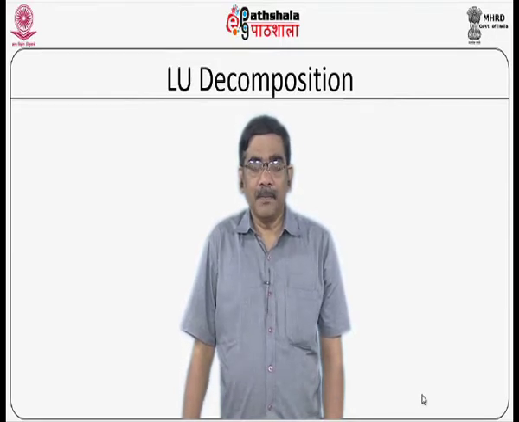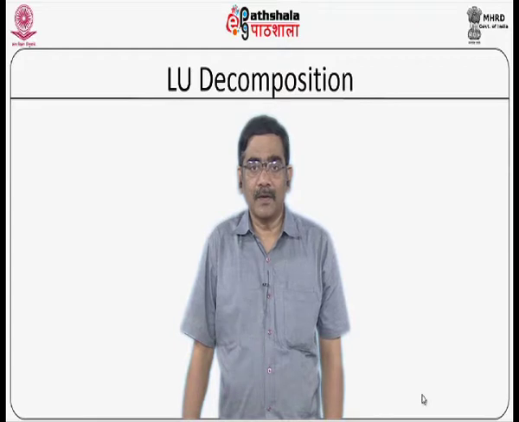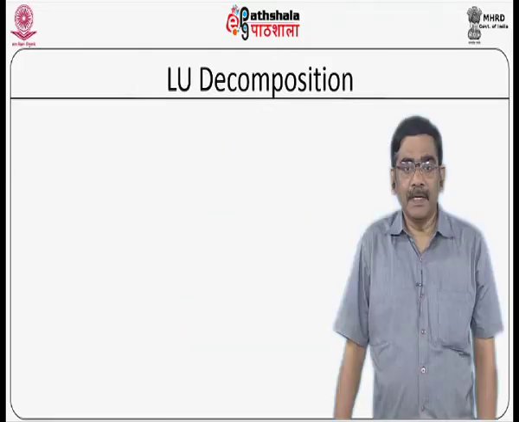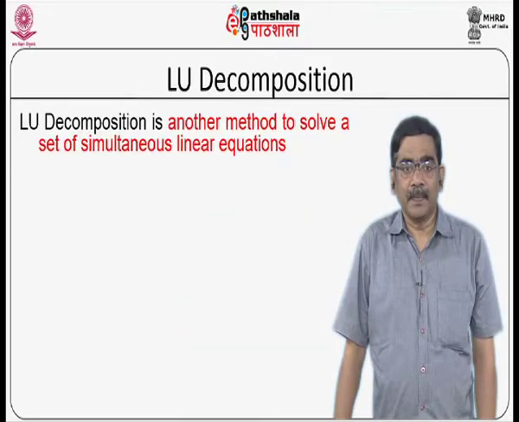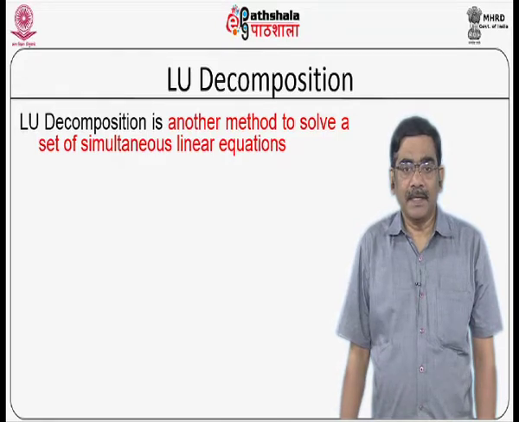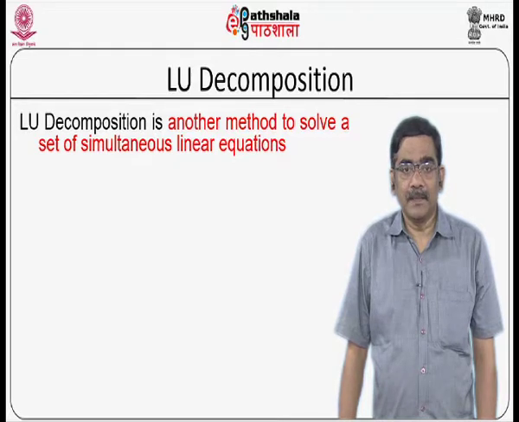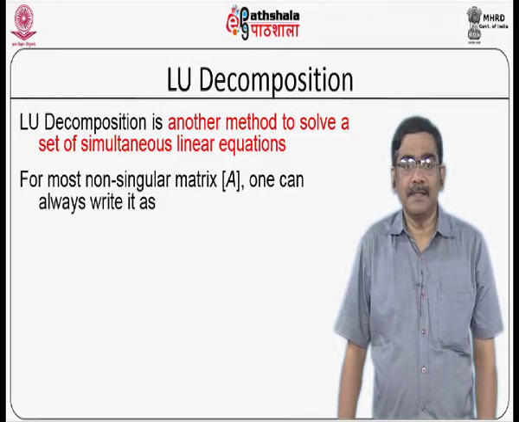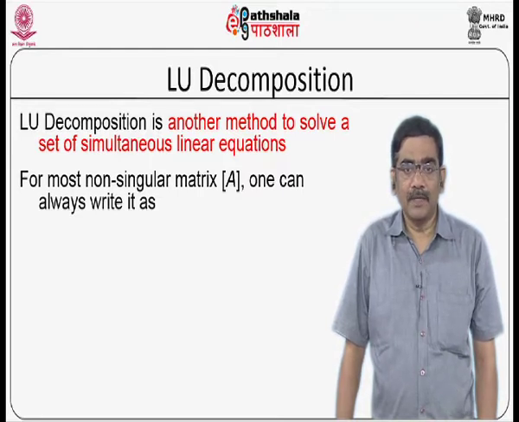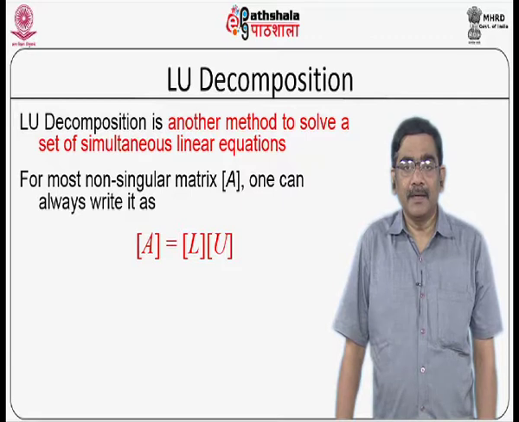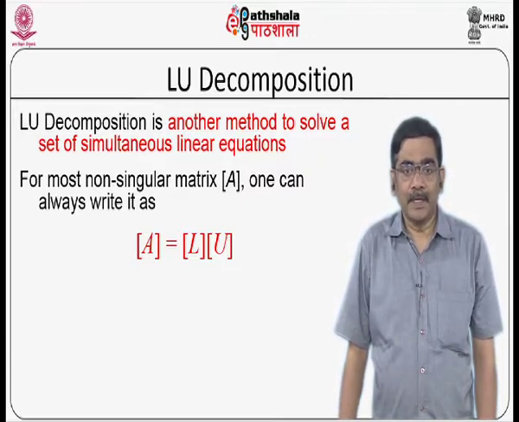The important aspect of solving matrix inverse and matrix determinant is the LU decomposition procedure. LU decomposition is another method of solving simultaneous linear equations. Once we have a non-singular matrix A, we can decompose the matrix A to LU.